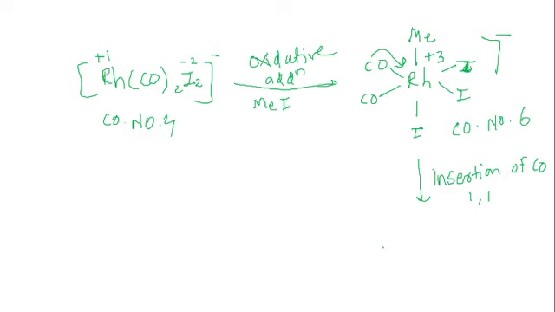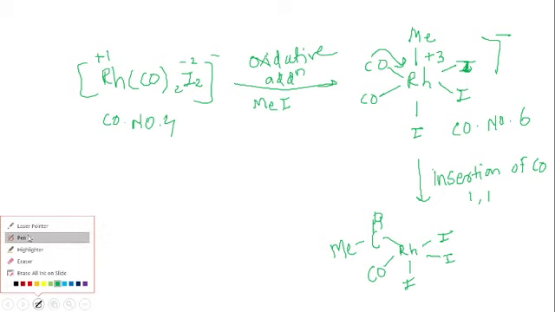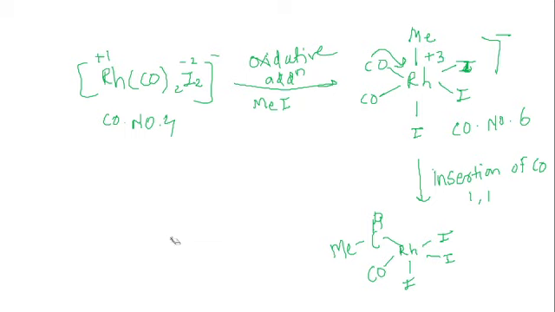In this manner: here this is Rh, here is the iodine, here also there is an iodine, and here this is the carbonyl, and at this position this carbonyl is inserted. This carbonyl is inserted in between the Me and the rhodium.